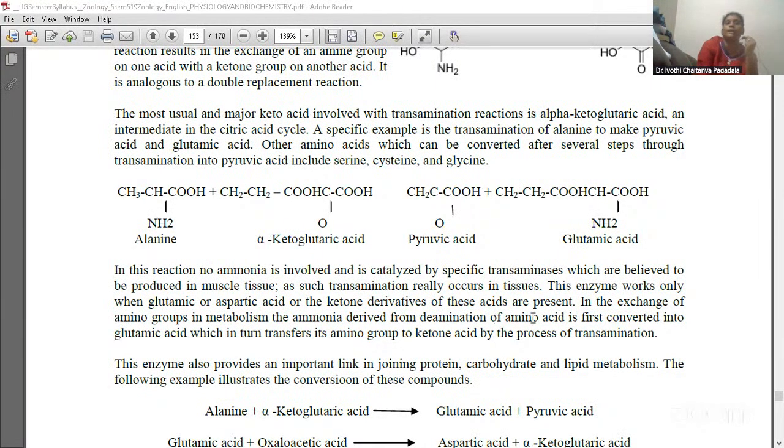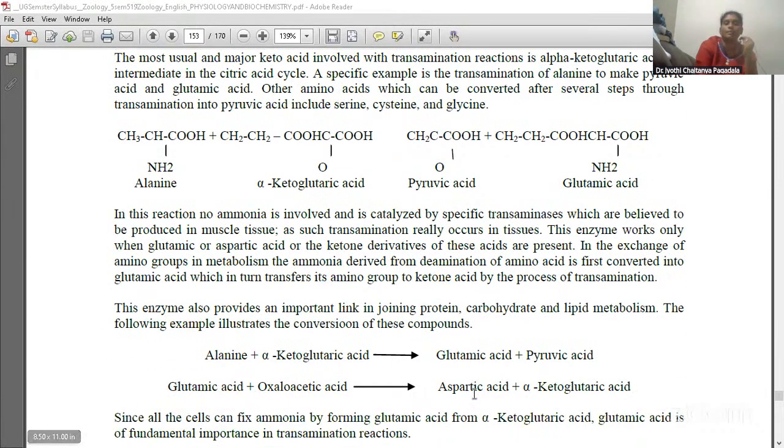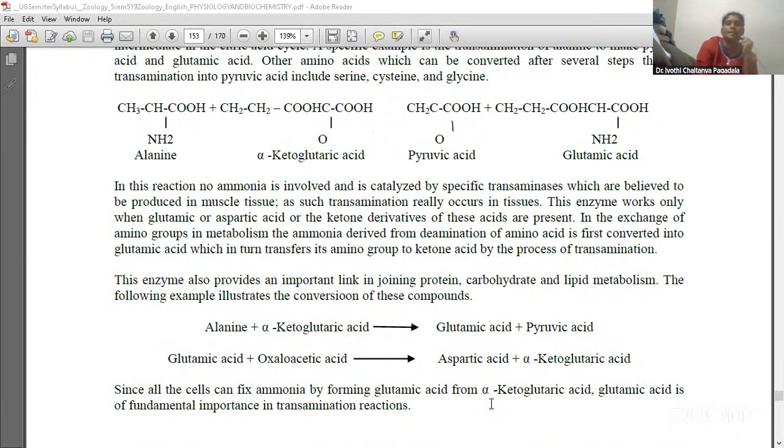Here, the enzyme involved is an important linkage in the joining of protein, carbohydrate, and lipid metabolism. The following reactions show that alanine and alpha ketoglutaric acid form glutamic acid and pyruvic acid, and glutamic acid and oxaloacetic acid form aspartic acid and alpha ketoglutaric acid.